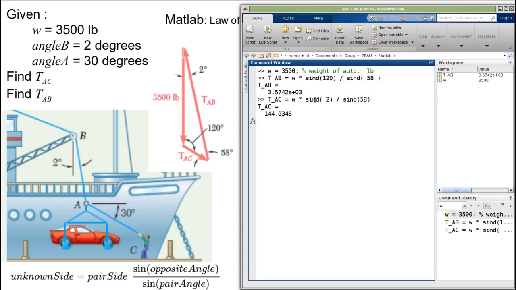And again, just hitting enter, and we've got our answer for TAC. Note that any time you did a variable or did an operation here, it assigned what was on the right side to the variable named on the left side. And those values show up over here in the workspace.